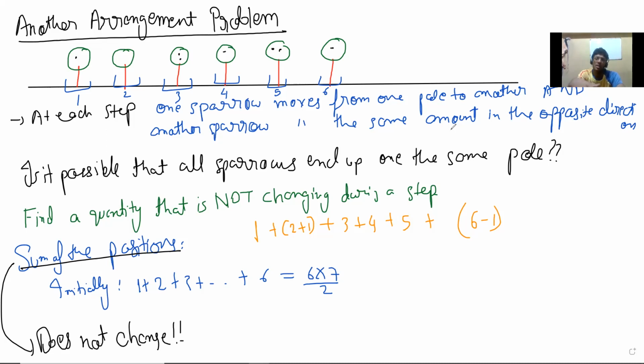What you're saying may still be correct, but then you will have to do a lot of casework maybe. And why are evenly distributed cases the only ones? Why not some other 4 and 2 or something? Maybe that is not possible, but is that making sense?